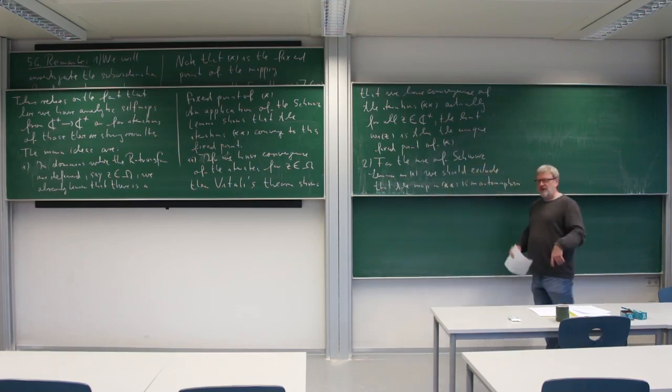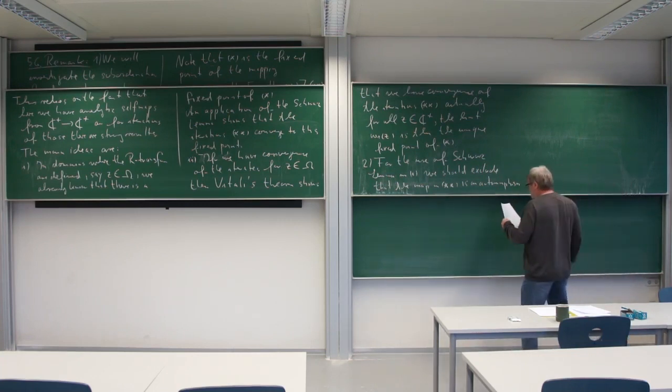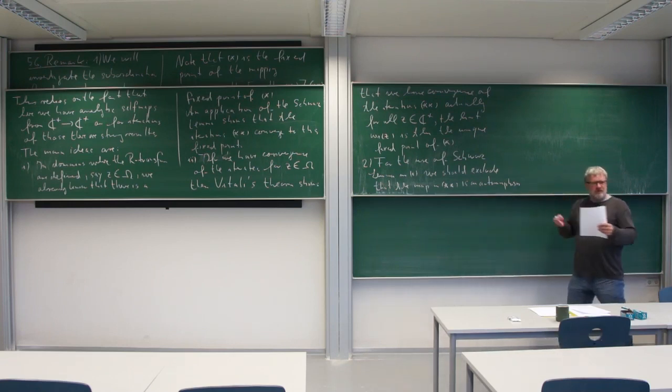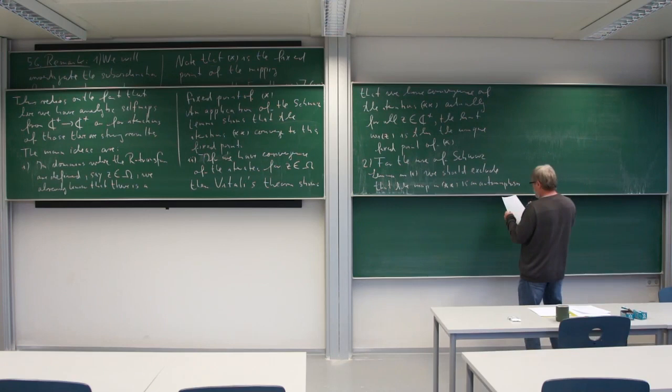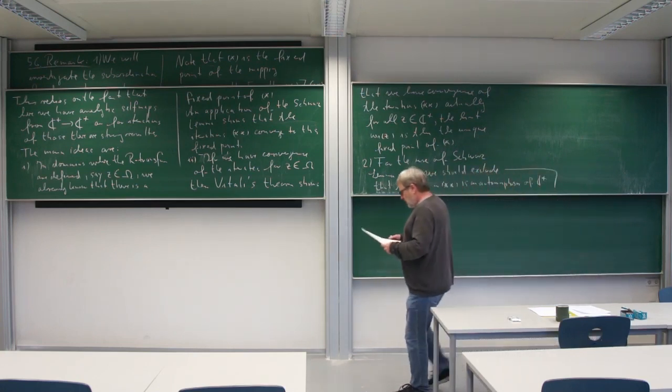So this means a bijective map which has an inverse, and the inverse is also complex analytic. So in particular we should exclude that it is a bijective mapping. Okay, it's an automorphism in our case of C+. So we should keep this in mind.